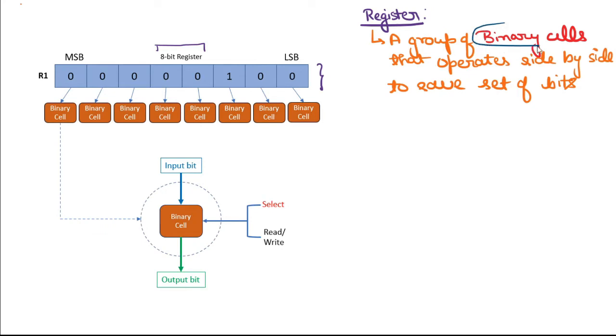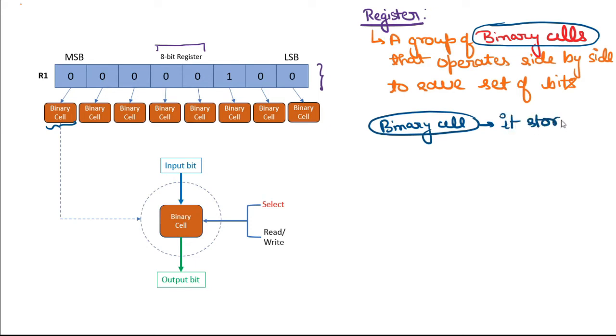A binary cell is the most atomic entity inside a register, and it stores 1 bit of information. Binary cell stores 1 bit of information.